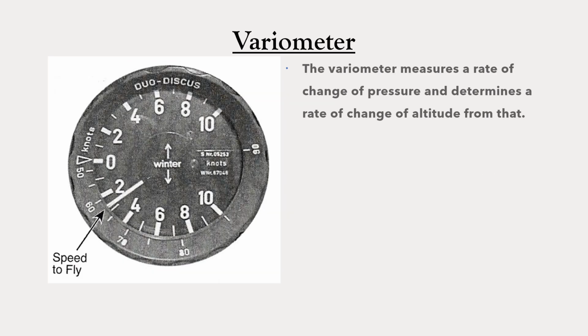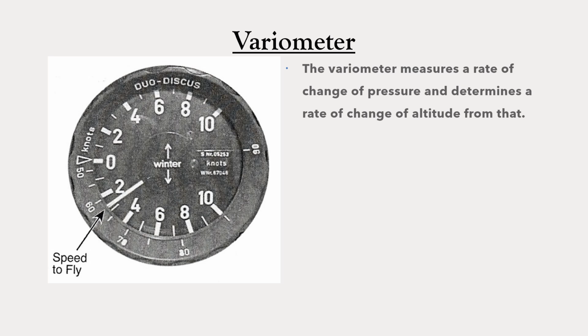The last of the pitot-static instruments is a variometer, and that measures the rate of change of pressure to determine whether you're climbing or descending. It's a quite precise measurement compared to the vertical speed indicator that you'll find in most powered airplanes.